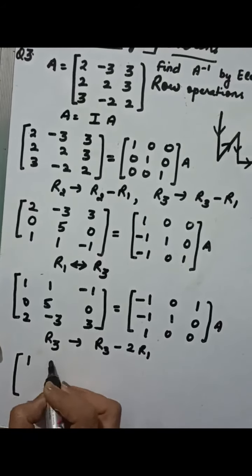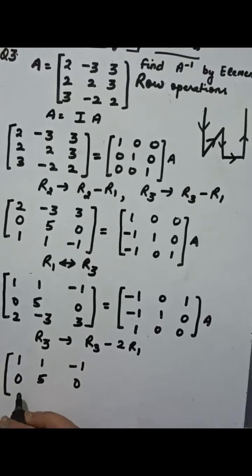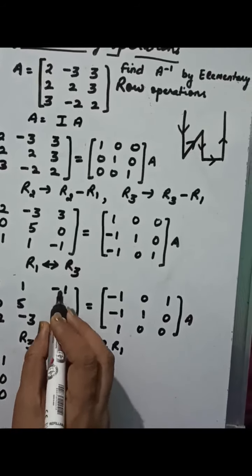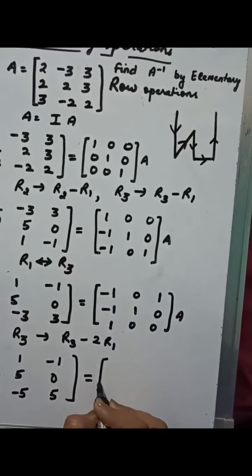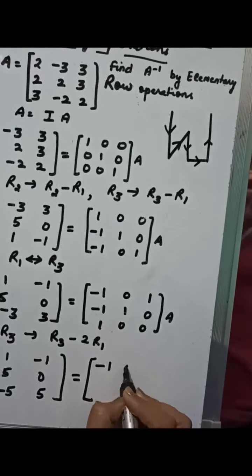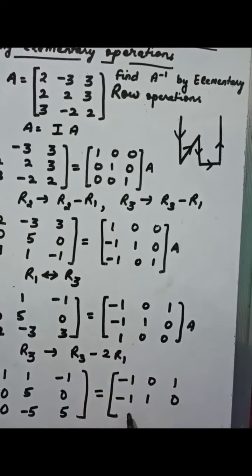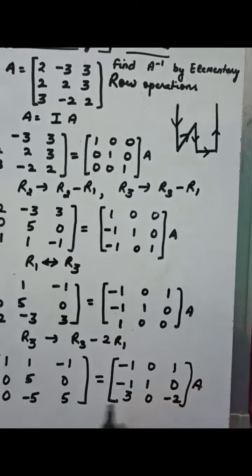So our first row as it is, second row as it is, 2 minus 2, 0, minus 3 minus 2, minus 5, and 3 plus 2, 5. Same operation to be applied on the other side. So 1 plus 2, 3, this is 0, minus 2 and A as it is.